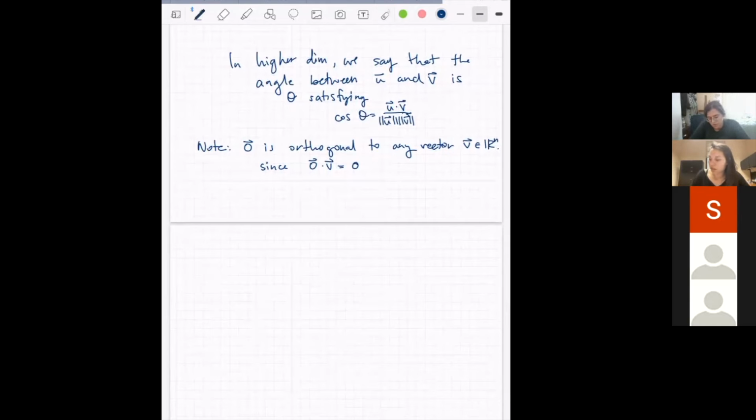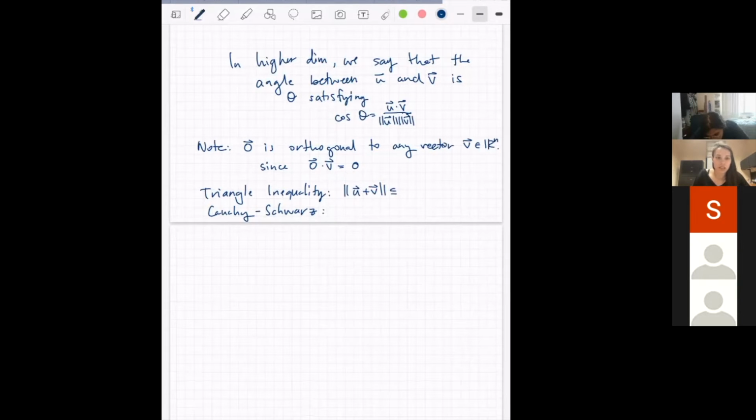Okay, so here are some inequalities that probably won't come up, but are kind of interesting that you can verify yourself or look up. Actually, I think this second one might be a little difficult to prove. I think there's some kind of trick here. So the triangle inequality says that the norm of u plus v is less than or equal to norm of u plus norm of v. This is very useful in a lot of math.